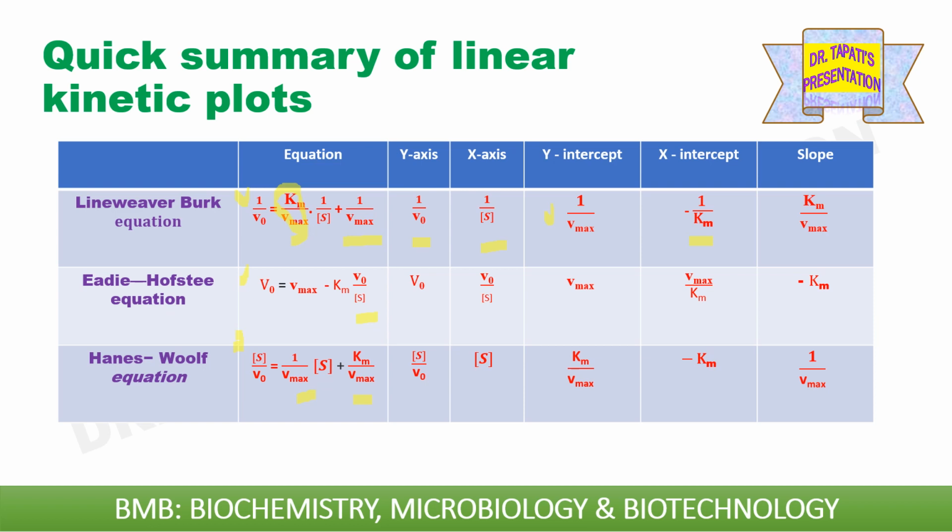It is the negative value. And in case of Lineweaver-Burk plot, slope is Km by Vmax. You can get this value from the main equation.